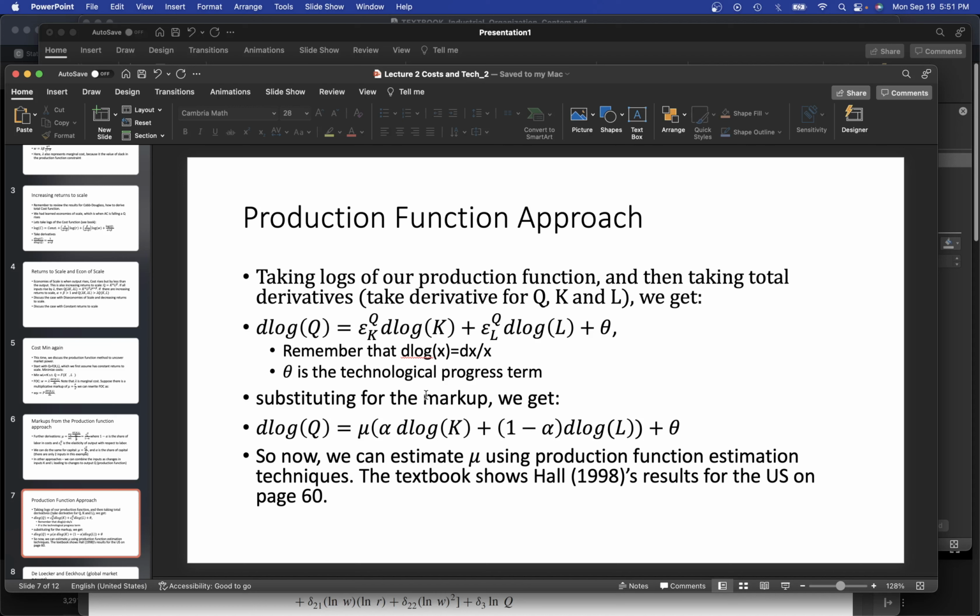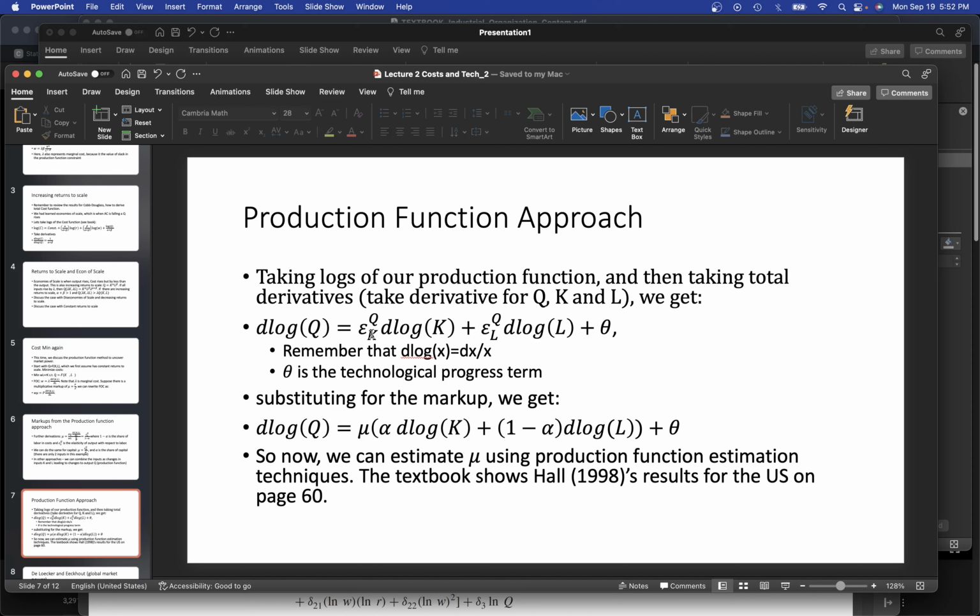Let's interpret this. Remember d log x is dx over x, so this says that the percent change in Q is equal to the percent change in input K times the elasticity of output with respect to K, plus the percent change in L times the elasticity of output with respect to L, plus theta, which is the change in technological progress.